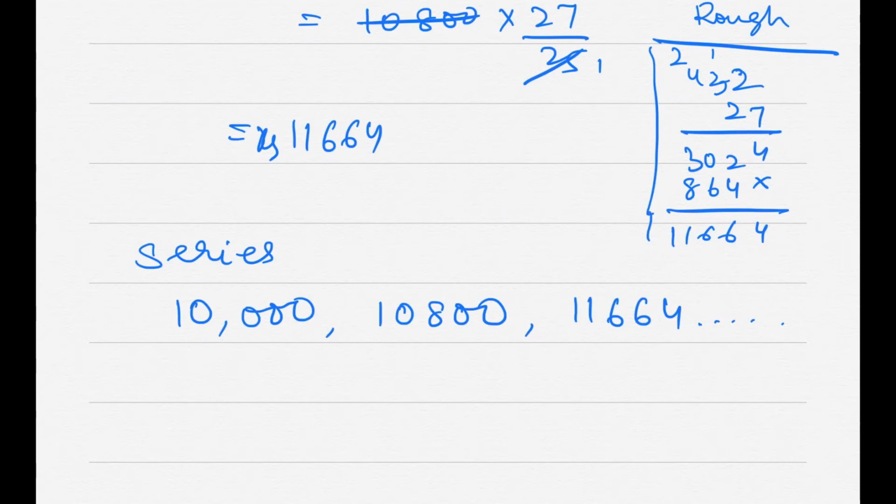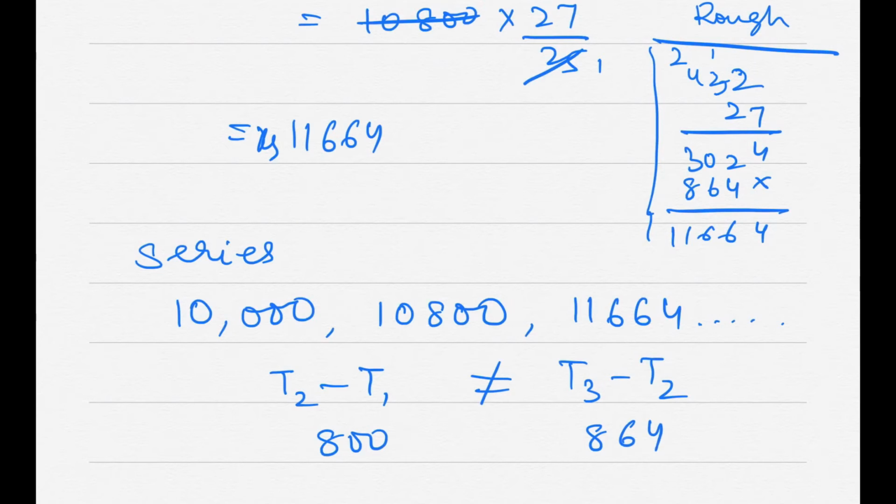We know the common difference is not the same, because T2 minus T1 is not equal to T3 minus T2. You can prove it by putting the figures. This will be equal to 800 and this will be 864, so this is not the same, correct?